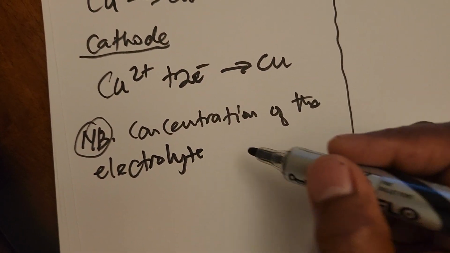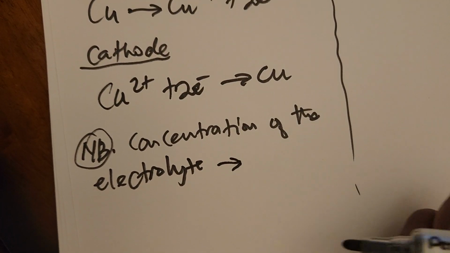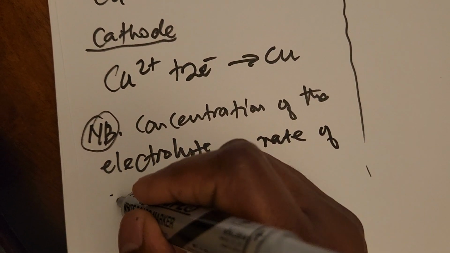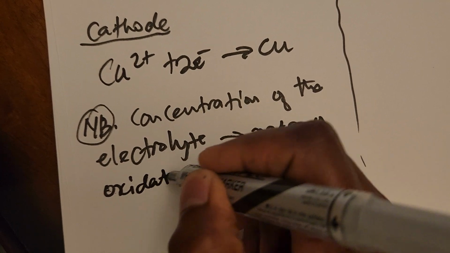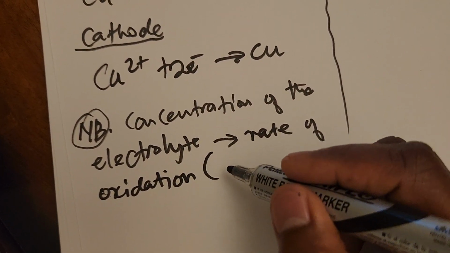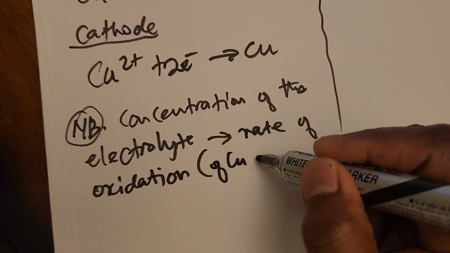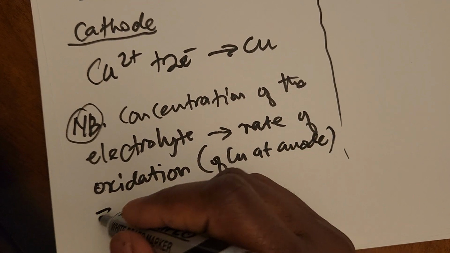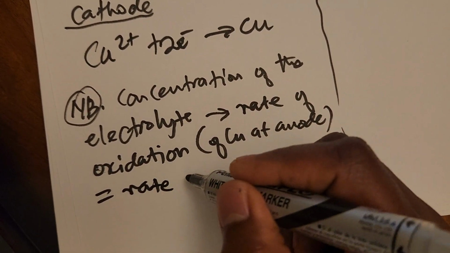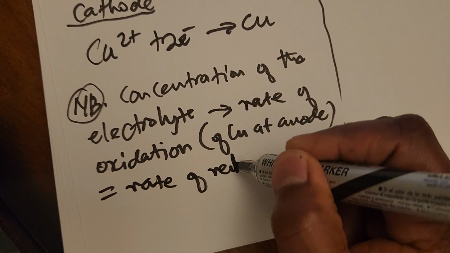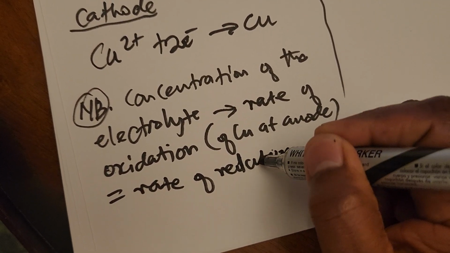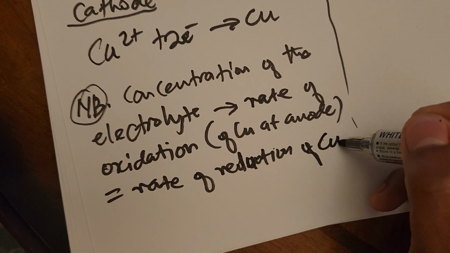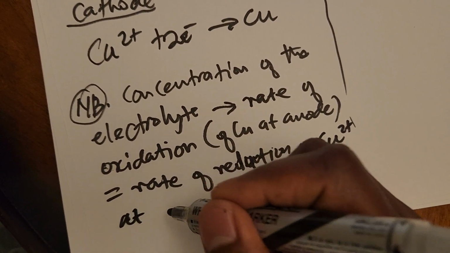Because if we tap back to equilibrium, the reason will be that the rate of oxidation of copper at the anode equals the rate of reduction of copper ions at the cathode.